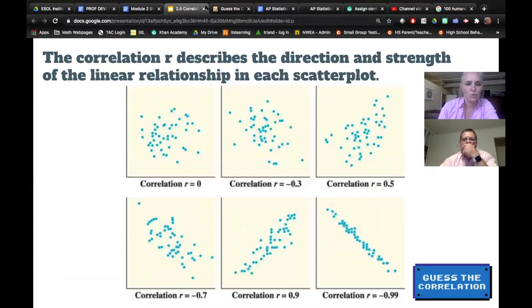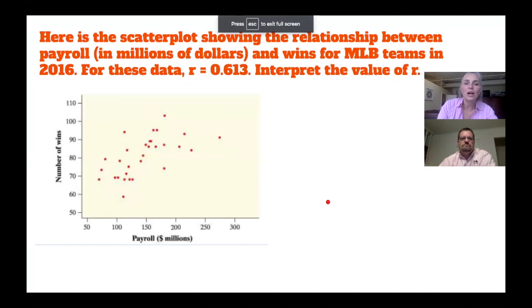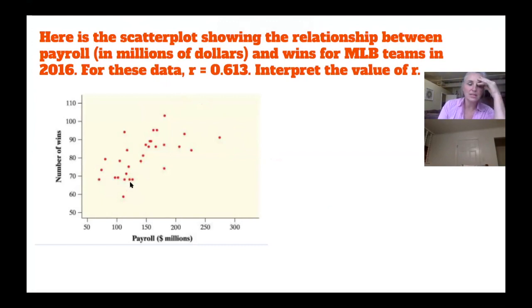So that is the R value and how you think about how much the number is and how that pertains to the graph. Okay. So let's say we have a scatter plot, and the scatter plot is talking about the relationship between payroll in millions of dollars and wins for the MLB teams in 2016.